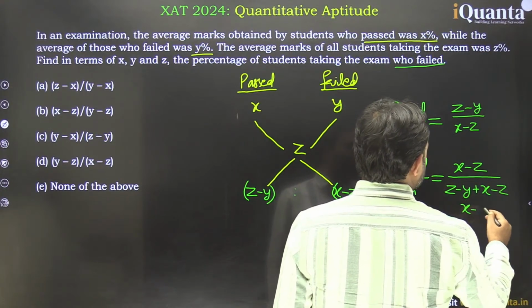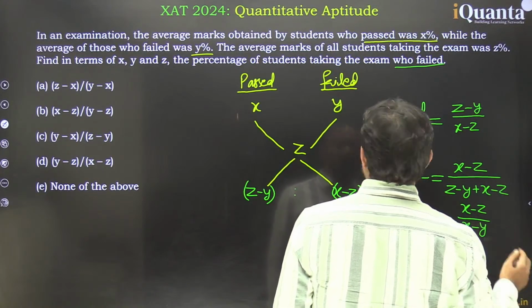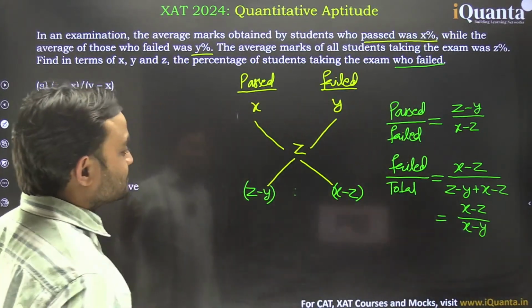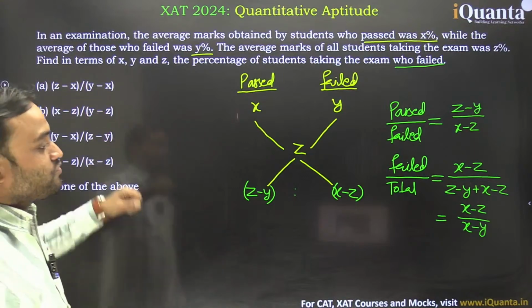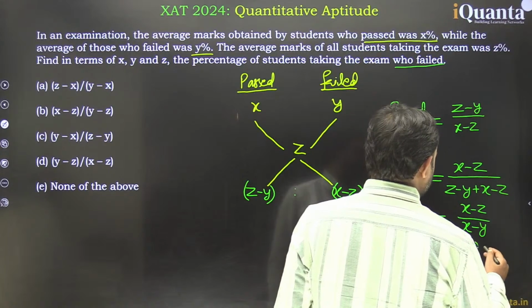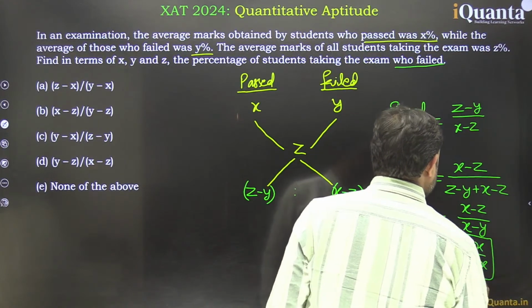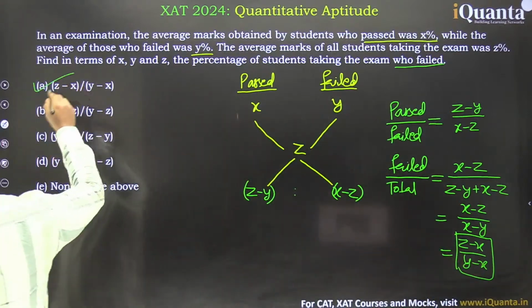This will be X minus Z upon X minus Y. But if you check the answers, it says Z minus X upon Y minus X. So we can also write this as Z minus X upon Y minus X. And that is your answer straight away, which is option A.